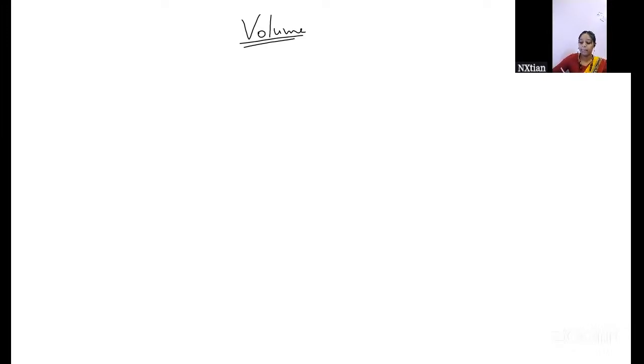Let's begin with the volume. So volume is basically the capacity of a solid figure, or the space covered inside a solid figure.